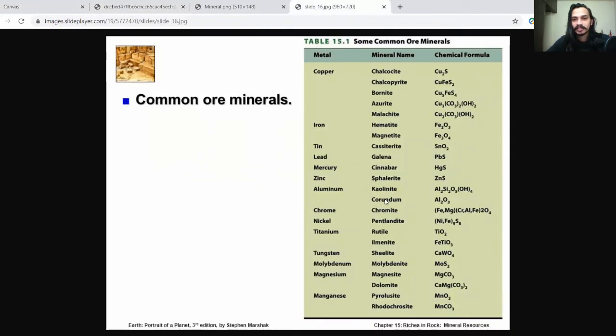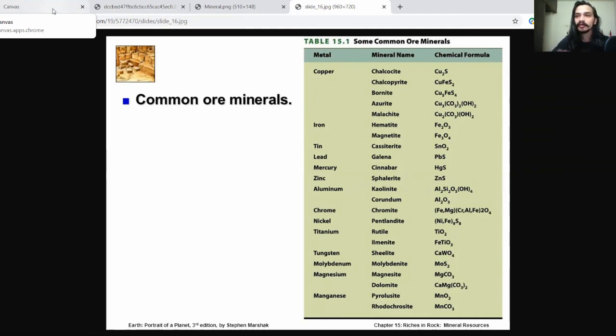Now, all of these are different ores with different formulae, right? But you see sulfur is one thing that is very frequently occurring. Sulfur and oxygen both, right? A lot of ores will actually form with both sulfur and oxygen. And sulfur and oxygen are actually in group 6, called the chalcogen group, which means ore-forming.